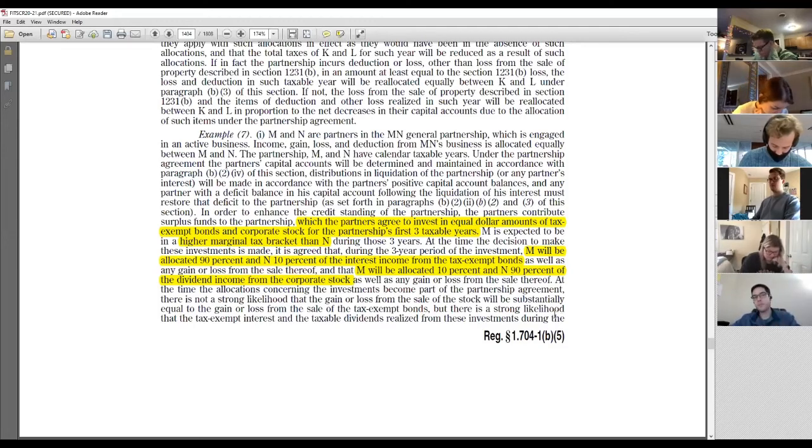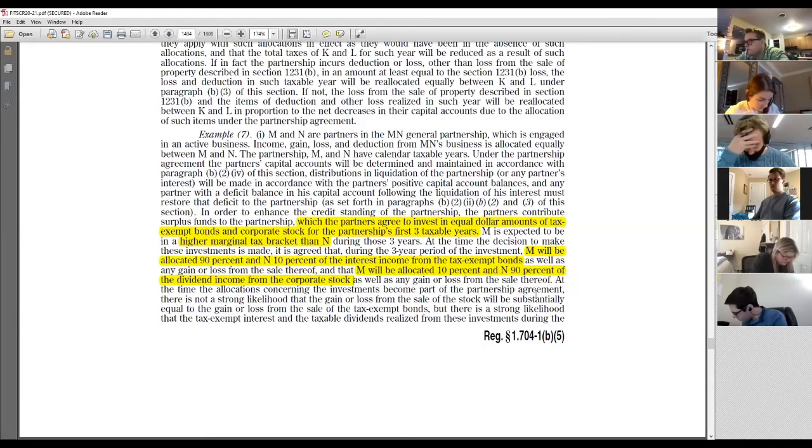And here's the key fact. That's in the agreement. The crystal ball is going to be, well, okay, what are the relative amounts of tax-exempt income and dividend income? Giving someone a disproportionate amount of one type doesn't necessarily mean you've got a problem. But if the amounts are going to be substantially the same, substantially equal, then they're going to offset.